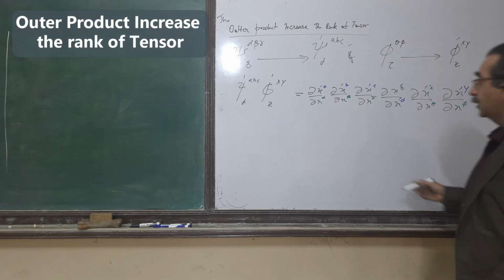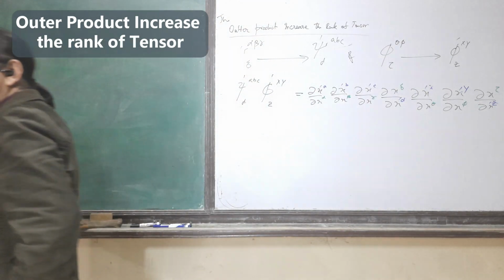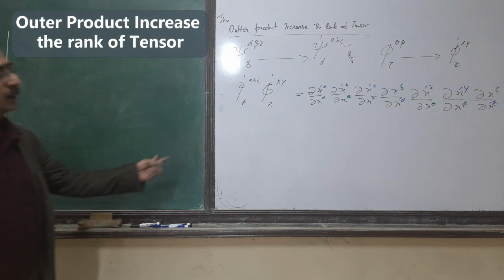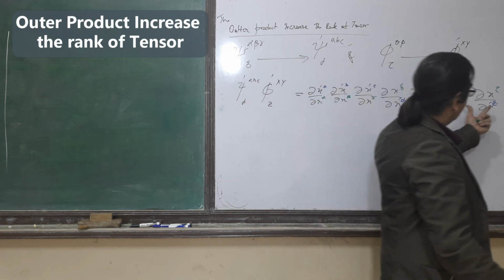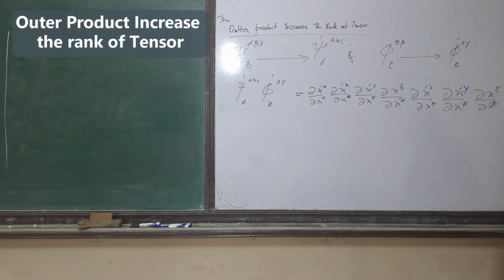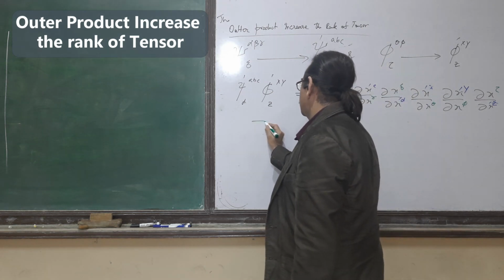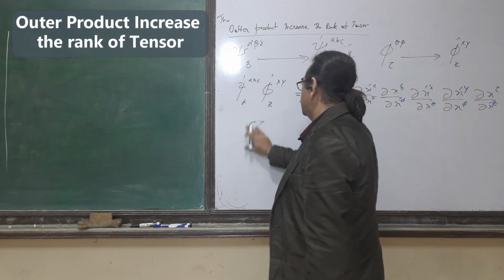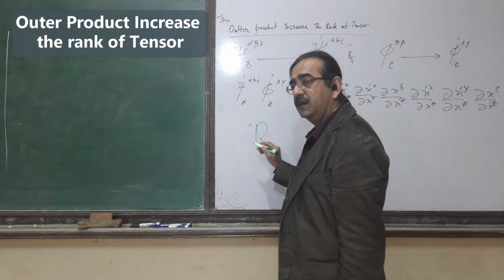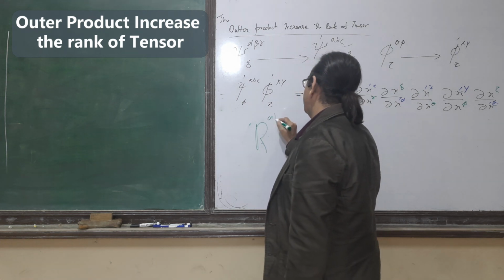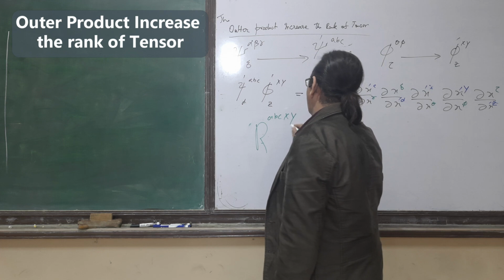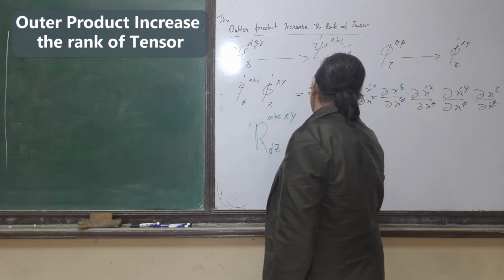Okay, so that is straightforward. If we observe this transformation law, when we have applied it, and if I say this is the resultant, then they will be A, B, C, X, Y, D, Z.